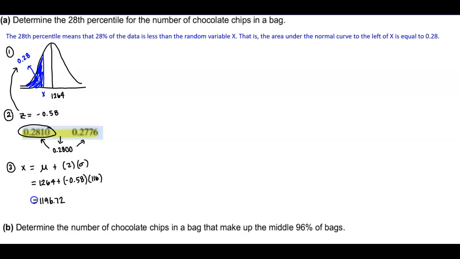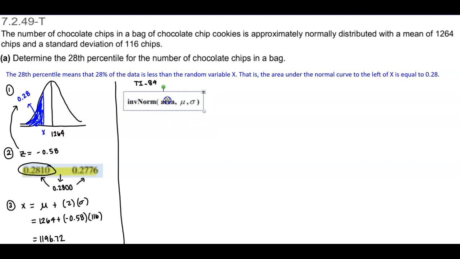Okay, so now what happens when we use the calculator? We're going to use INV norm. So we know our area, we know what our mean is and what our standard deviation is.